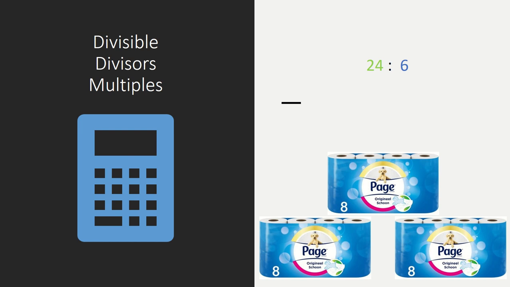And because it's a natural number, 24 is divisible by 6, because you will get a nice answer. We can also say 6 is a divisor of 24, because if I'm going to divide 24 by 6, I will get a nice natural number.